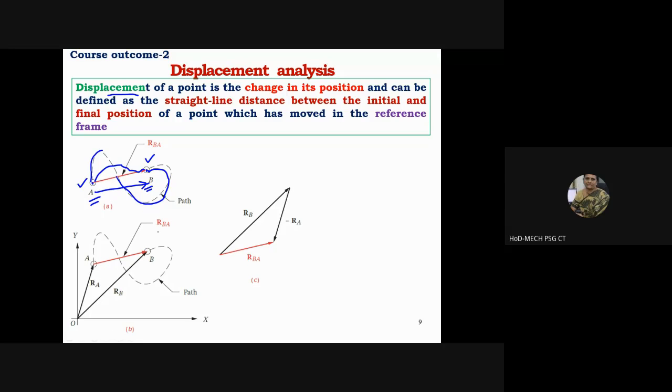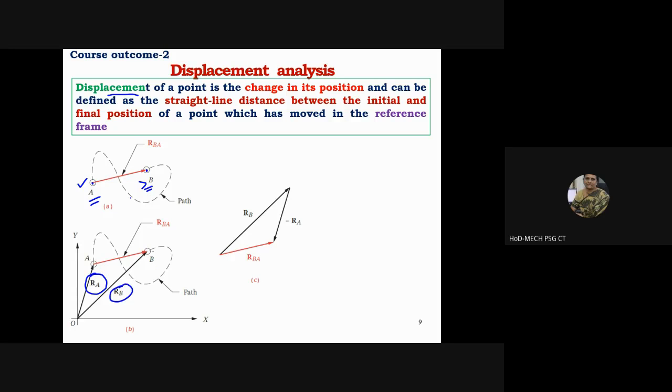Okay. So representing that as vectors, this is the initial position and this is the coordinate axis system. RA is the initial position vector of point A. Mind that we are talking only about a point as of now. Now point A has moved to this location B and the final position vector of point A is RB.